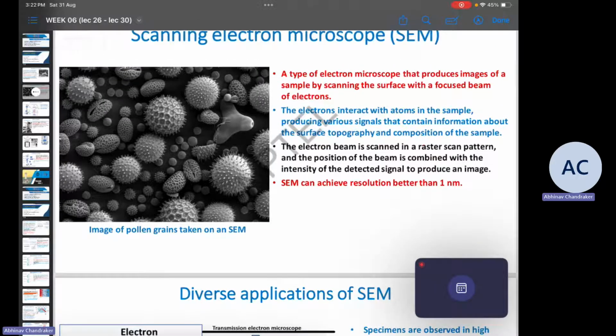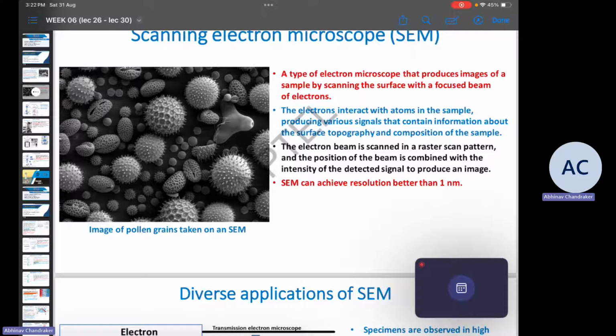Also, in case of SEM, we have the term scanning in the name. From that itself, we can get some idea that there is some scanning motion involved. For those who are not aware, in SEM we have a fine electron probe, and it is scanned over the surface of the specimen in a raster fashion. This will again be shown pictorially in the subsequent lecture.